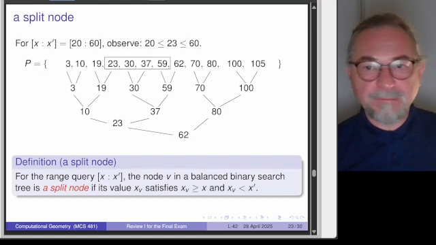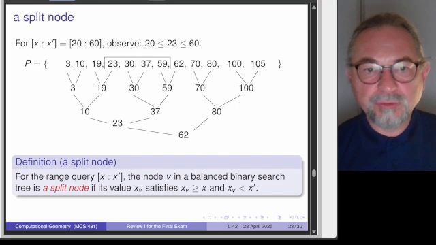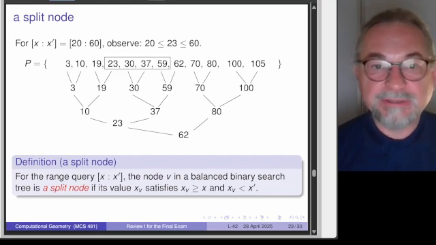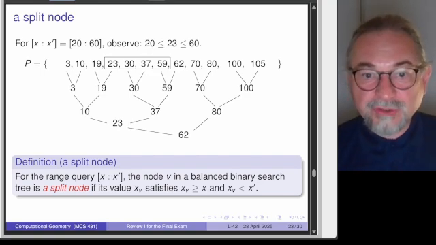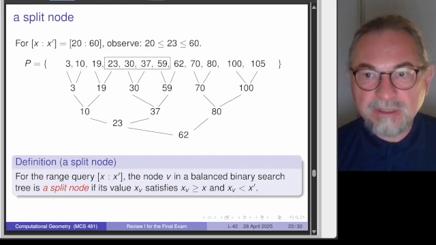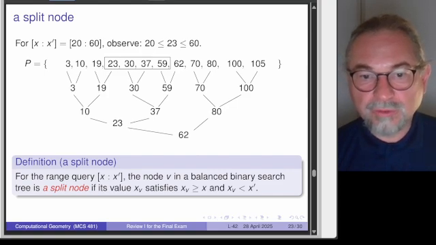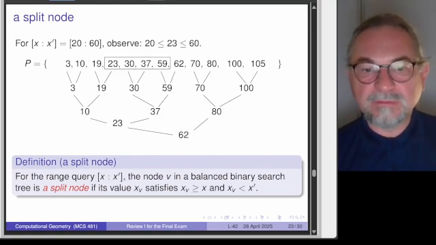So here we have numbers ranging from 3 to 105, and we want to report all the numbers in the region 20 to 60. So the numbers are stored in a balanced binary search tree, and a split node is the first node in that tree that lies inside the query interval.